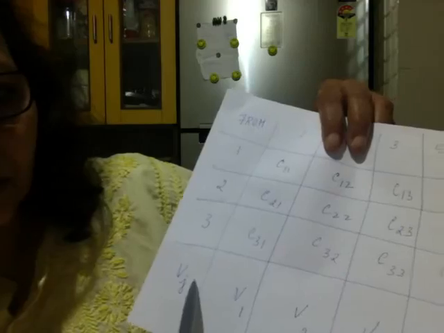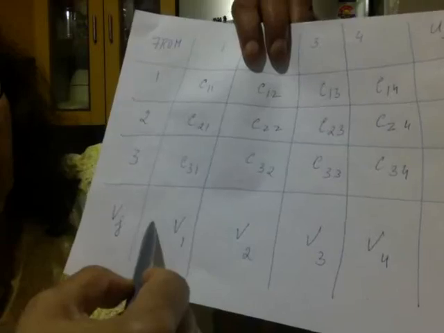Now, what do I call this one? I call this Vj. Since V is in the first column, V1, second column, V2, third column, V3, fourth column, V4. So here, this is Ui.